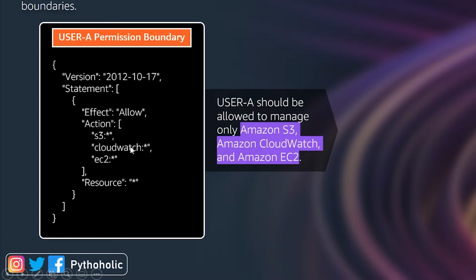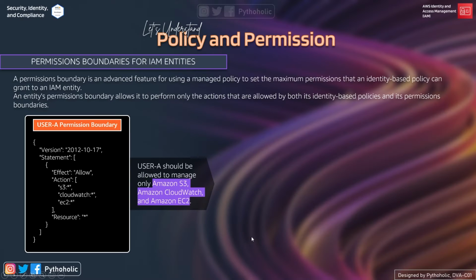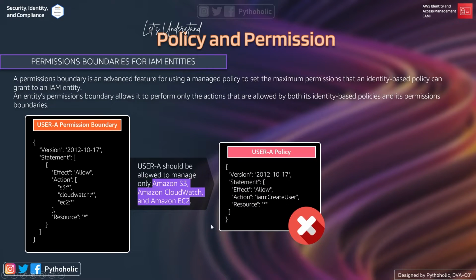That is S3 star, CloudWatch star and EC2 star. So the user who has this permission boundary can only work within these three services, S3, CloudWatch and EC2. And therefore, the permission boundary will not allow any other service operation to be performed by user A.